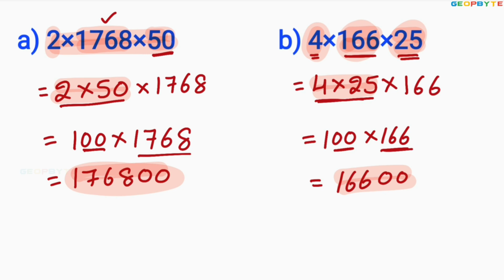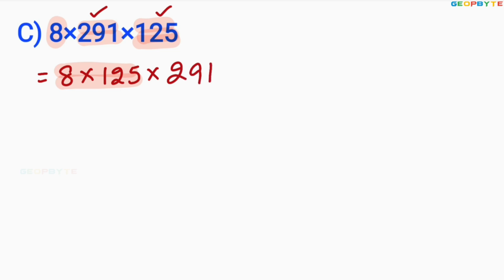Now let us move to the bit C. Look at the bit C. 8 multiplied by 291 multiplied by 125. First I am rearranging like this. 8 multiplied by 125. First I am writing this number because 8 multiplied by 125 is 1000. I am getting rounded value. Multiplied by the remaining number 291.